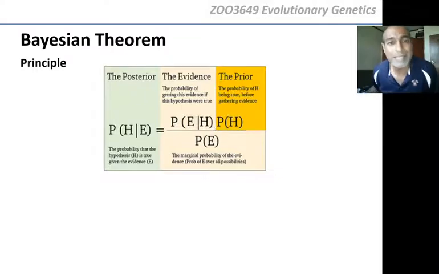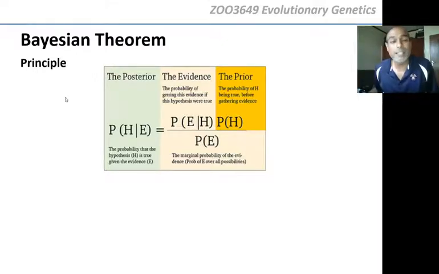Doesn't that sound exactly like our definition of maximum likelihood in the last lecture? Maximum likelihood is the probability that the data will give you that tree, given that tree and that substitution model.